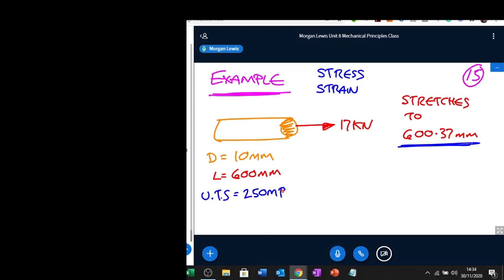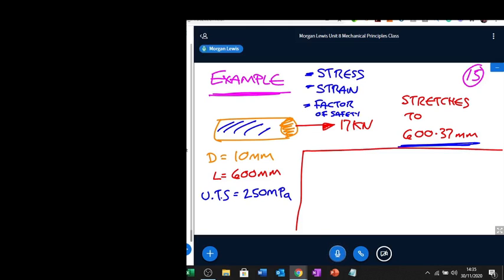So whatever this bit of metal is, it's going to break at 250. So we need to work out factor of safety as well. So stress, strain, and factor of safety. Hopefully, whatever we get for the stress is lower than the 250, because if it's not, we're in the stock.